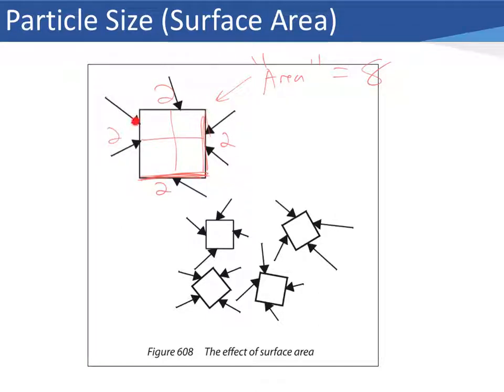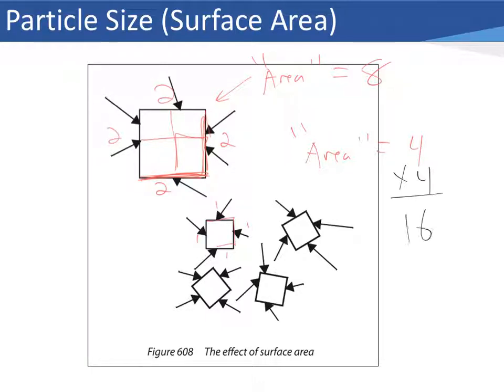2 plus 2 plus 2 plus 2. So there's an area, quote unquote, of 8. But if each of these is one of these squares, that means that each of these squares has an area equal to 4. So 1, 2, 3, 4. And I have 4 of those particles now.